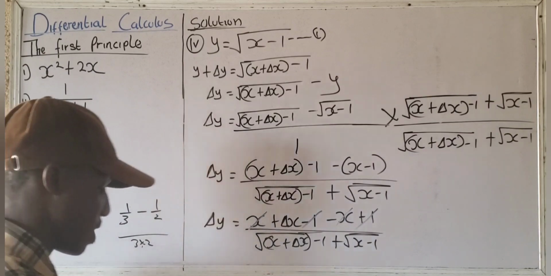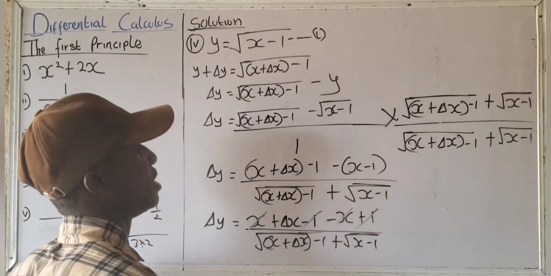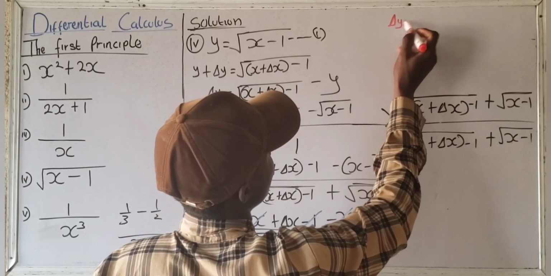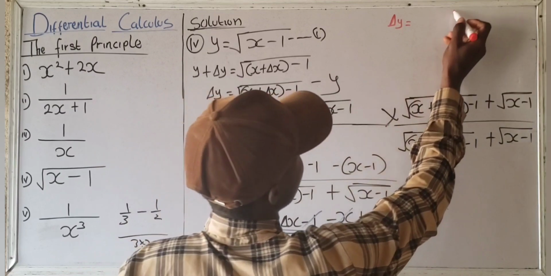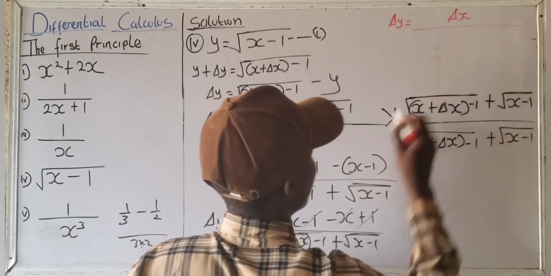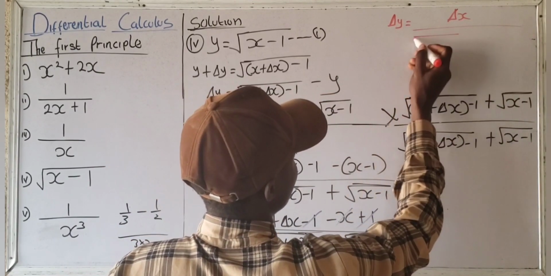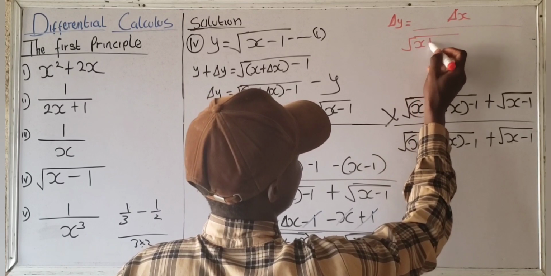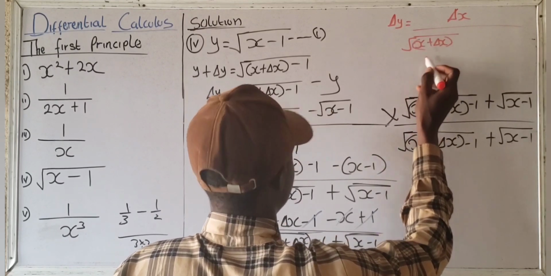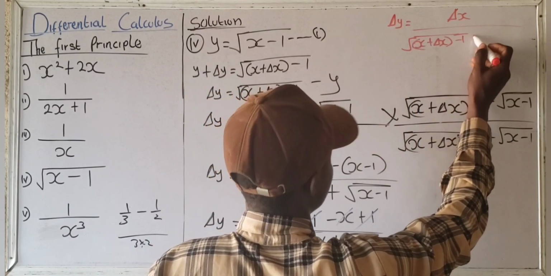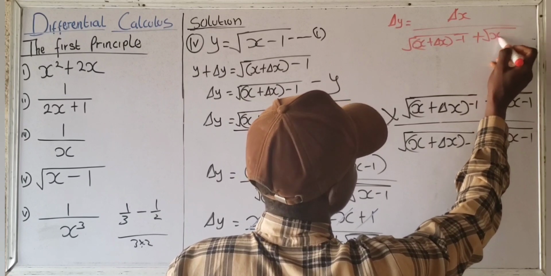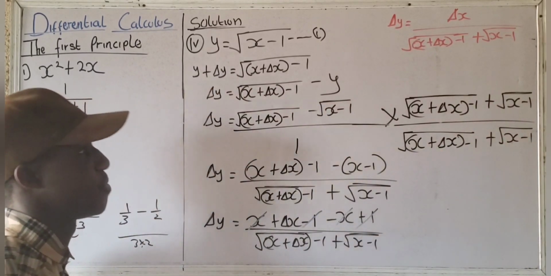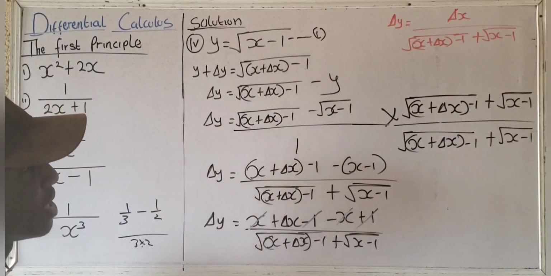So we are left at the numerator with delta x. Delta y equals delta x all over the root of x plus delta x minus 1 plus the square root of x minus 1. Now please, I want you to pay attention.